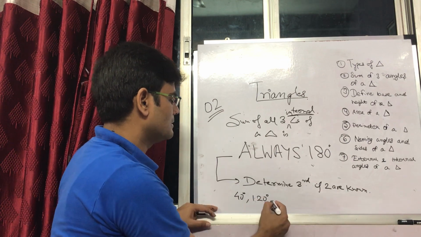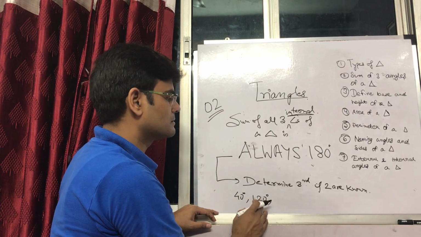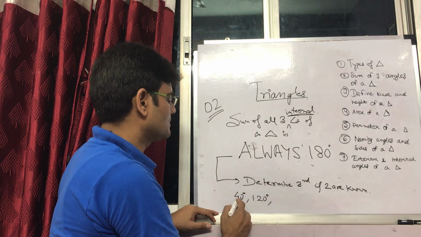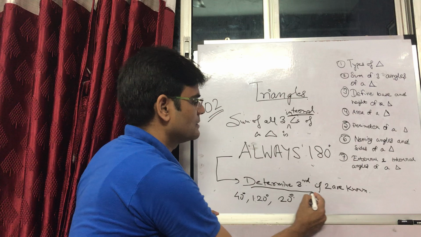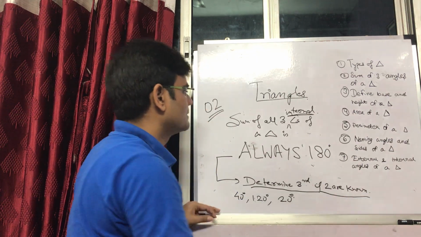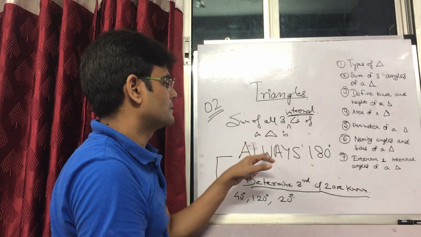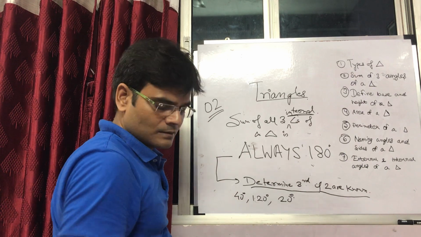What will be the third one? Since the sum is 180 degree, 120 plus 40 is 160. The third would be 20 degree. So this is the application of this thing. Sum of all three angles of a triangle is 180 degree.